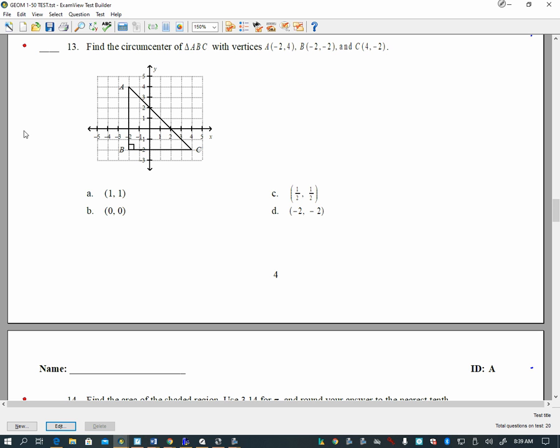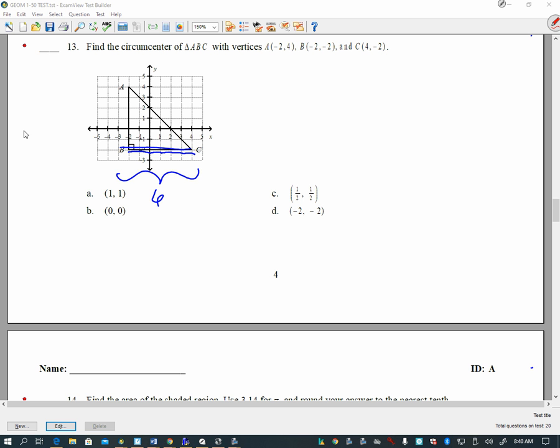And where the 3 perpendicular lines cross is our circumcenter, okay? So look at BC here. It goes 1, 2, 3, 4, 5, 6, right? So where's the midpoint? If the whole length is 6, what's half of 6? 3.